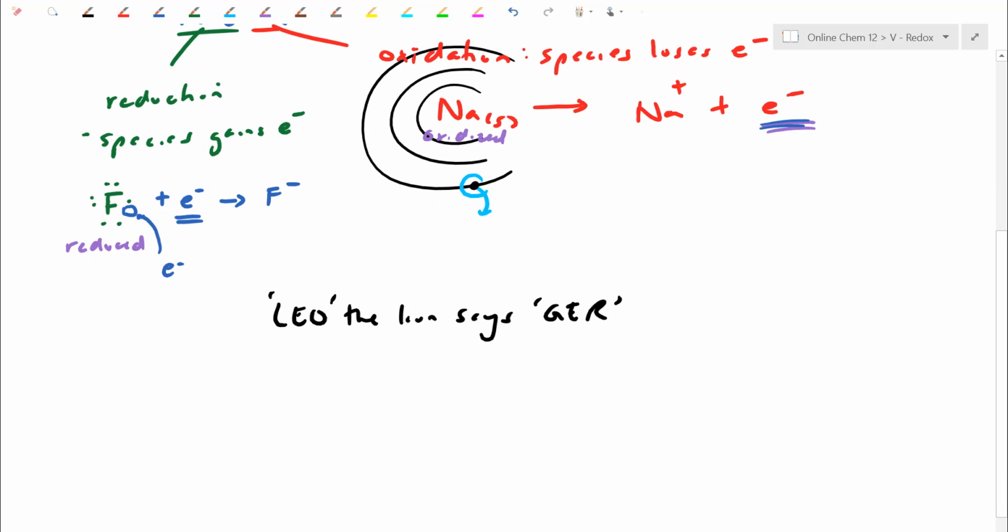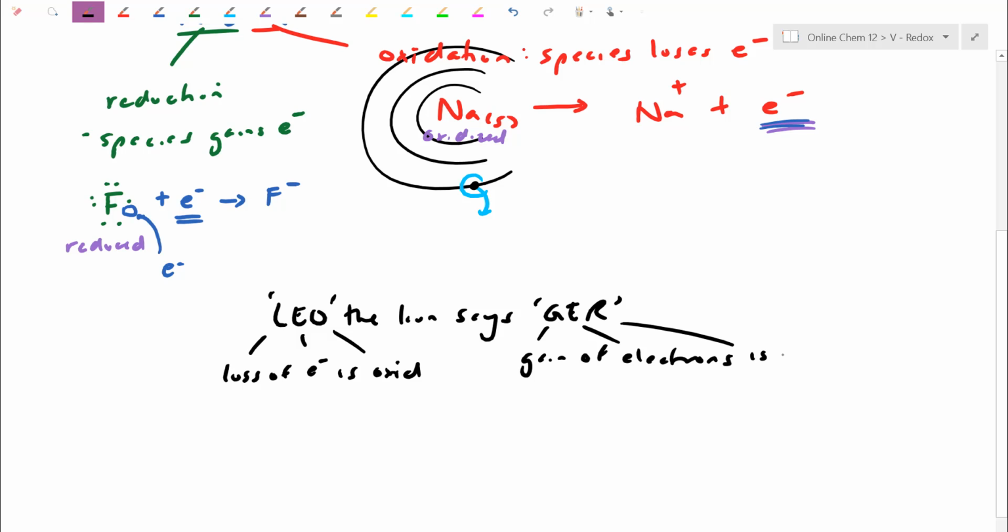That's how you shorthand it: loss of electrons is oxidation, while a gain of electrons is reduction. Your workbook also likes using OIL RIG, so if you like that one instead, you can say oxidation is loss, while reduction is gain.